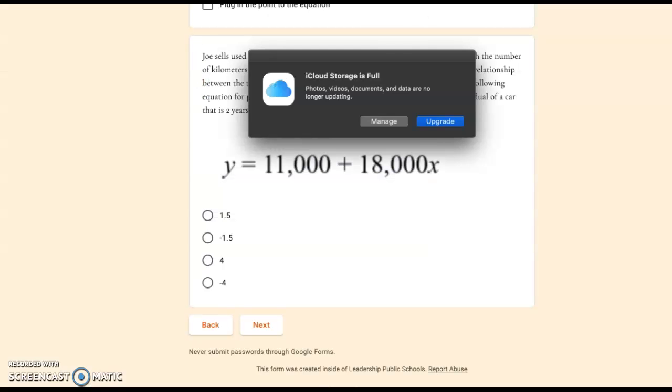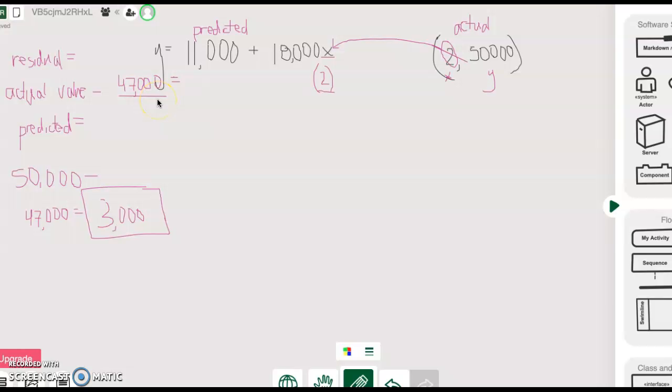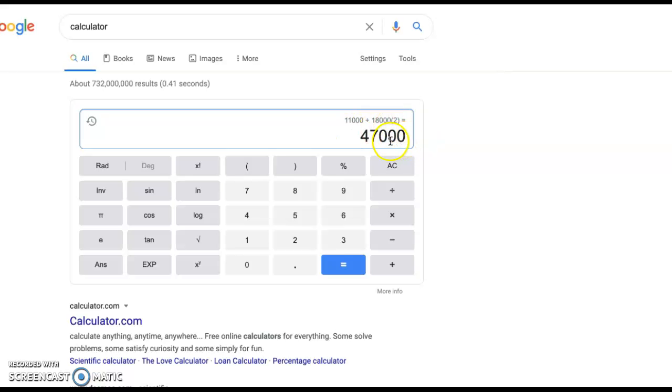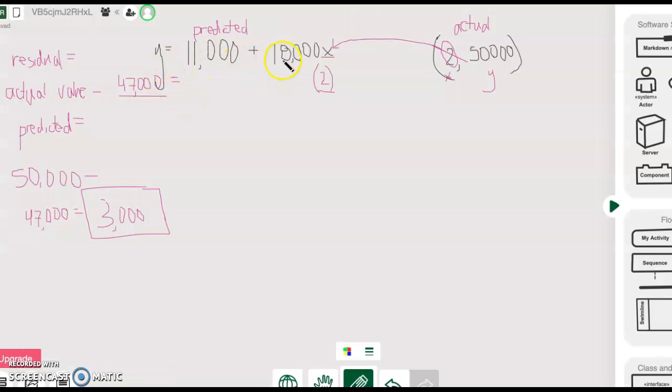Okay, I accidentally went ahead without recording, but I will go back and explain what I just did. In the calculator, I plugged in 11,000 plus 18,000, so just the equation, 11,000 plus 18,000, and then instead of the X, I replaced it with that 2.